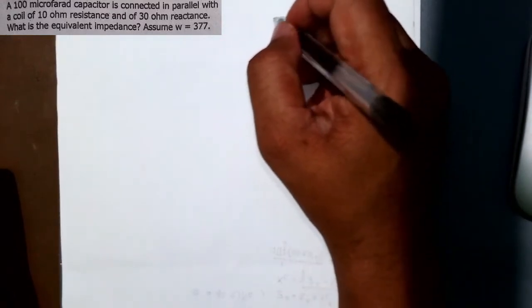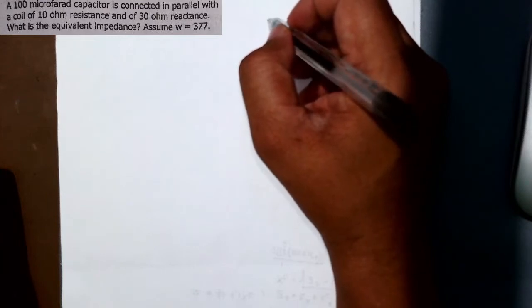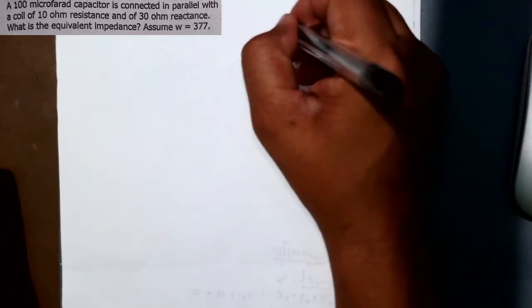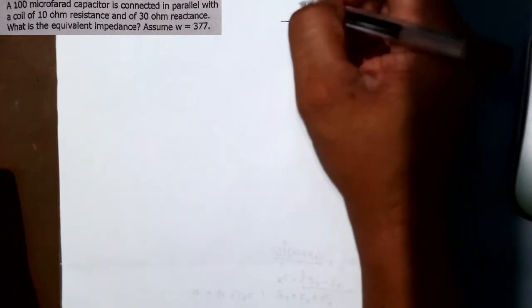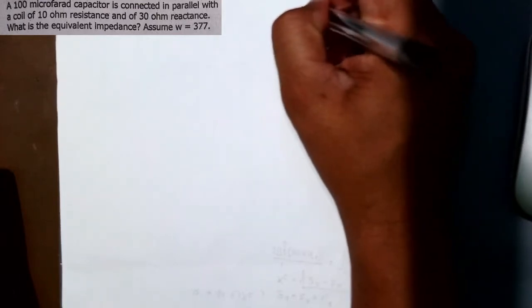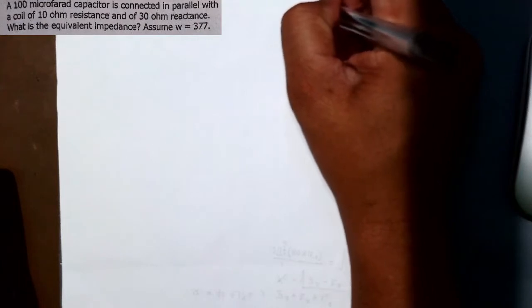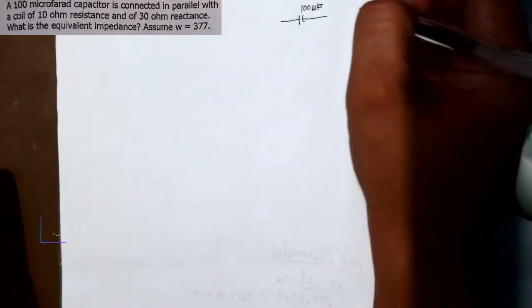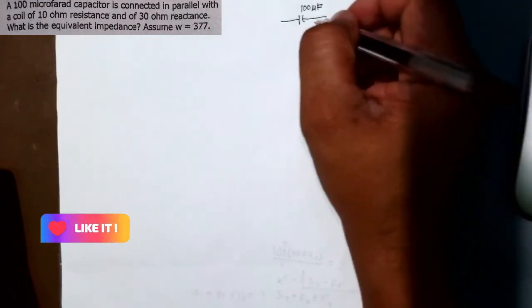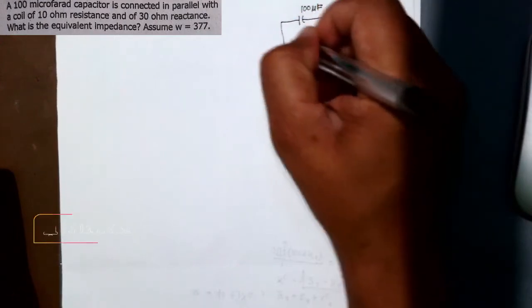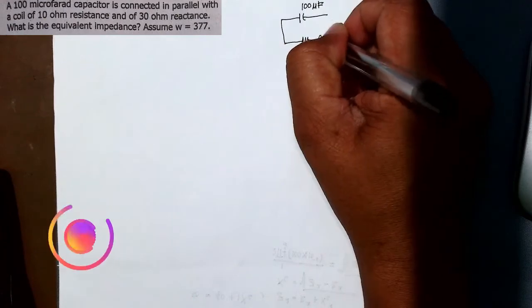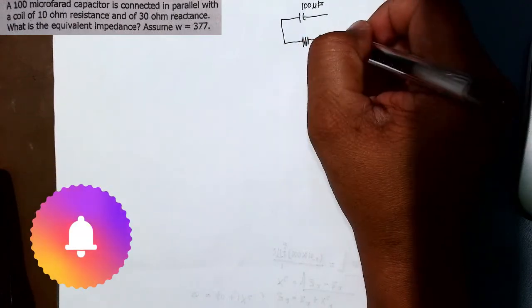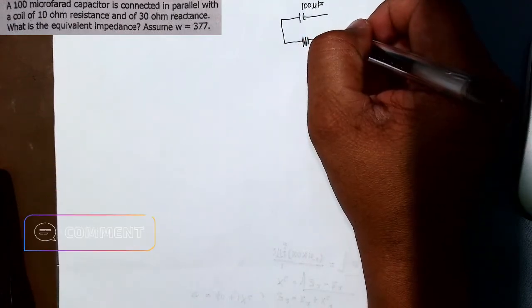Okay, so to first understand the problem clearly, it's much better for us to illustrate the circuit. So again, there is a capacitor and the value of this capacitor is 100 microfarad, and this capacitor is in parallel with a coil. The coil has a resistor and reactance.